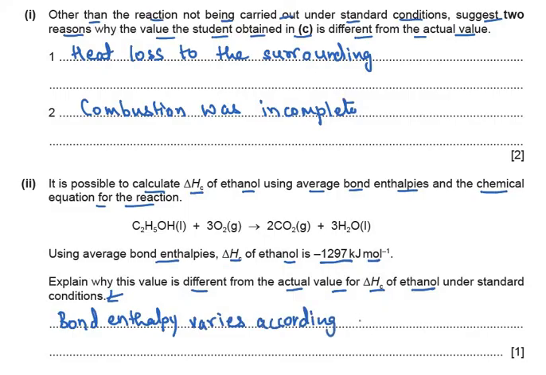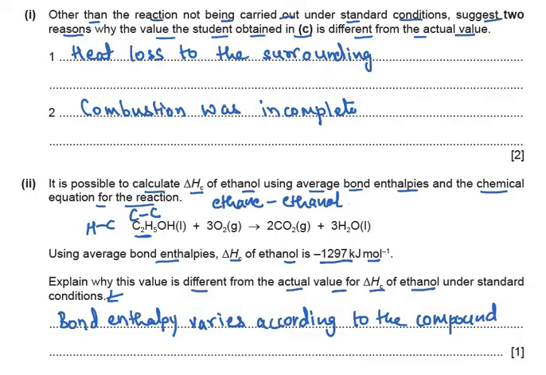Now I will explain what this means. If we consider a C-C bond, or also the C-H bond in ethanol, this C-C bond is going to vary in ethane, or it will change in ethanol also. There is a difference in the C-C bond energy of ethane and ethanol.